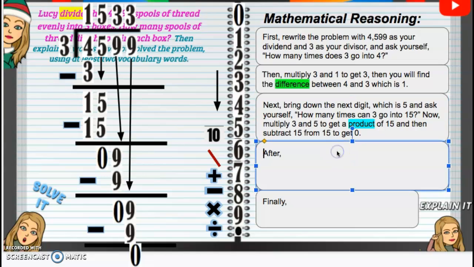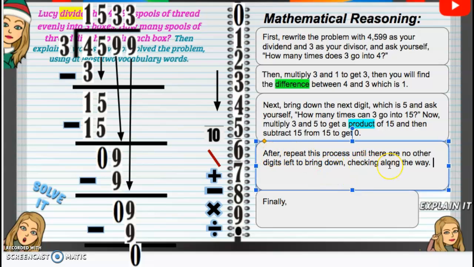All right, after. Well, we're just going to repeat the process. So after, repeat this process until there are no other digits left to bring down, checking along the way, of course.